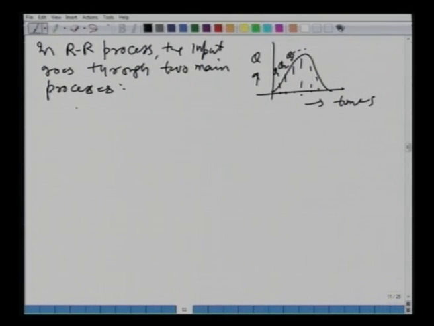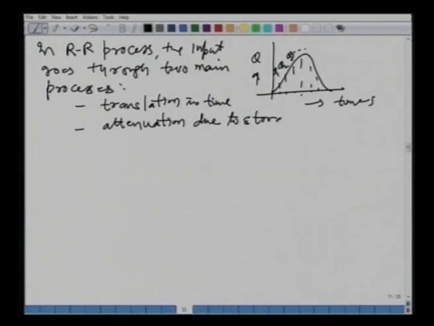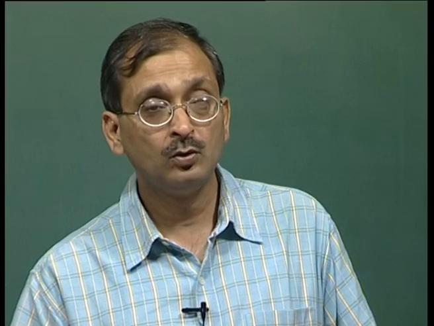One is translation in time. What happens to the effective rainfall? It gets translated in time, and it also gets attenuated due to storage. So, in the rainfall runoff process, you have these two components which we need to model in any mathematical model.